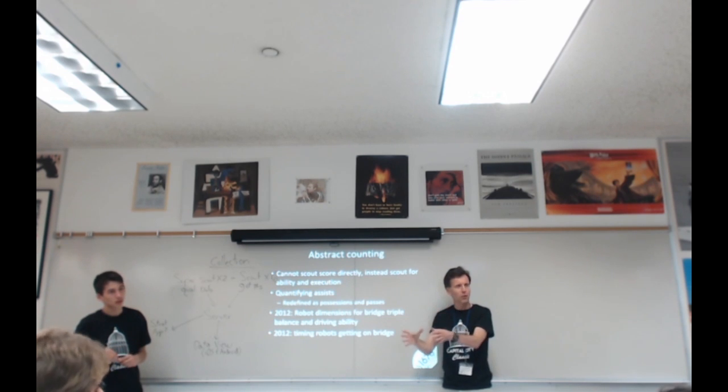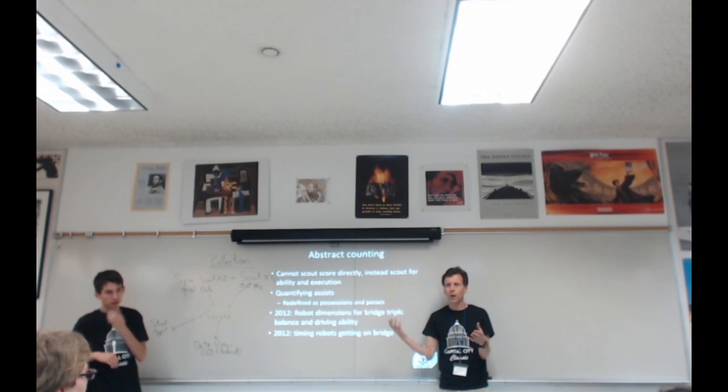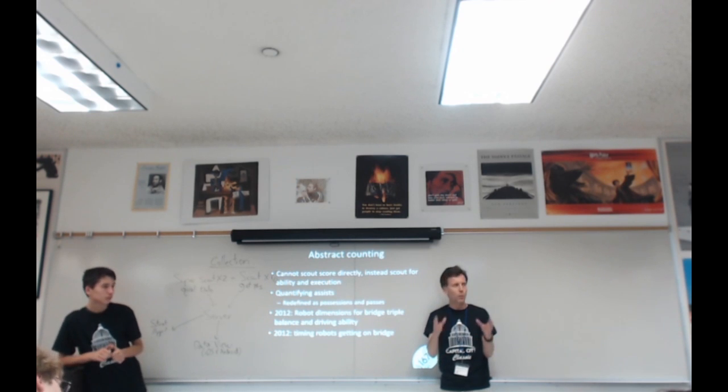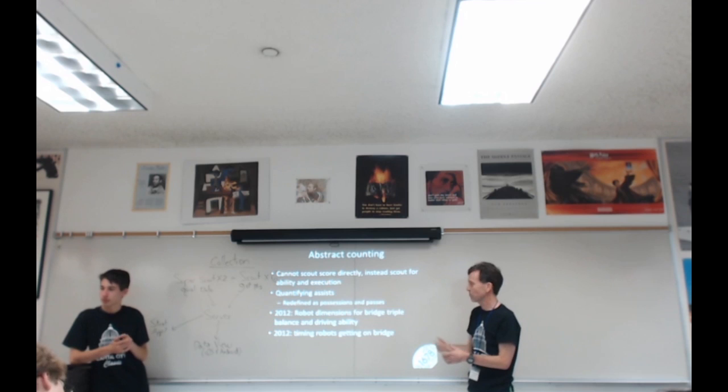So we would count possessions and we would count passing, and then after we went through the competition, we figured out how much those assists and passing were worth. It turned out they were worth about 5 points. Every time you possessed the ball and passed it, on average it was worth about 5 points. So we used that as a weight in our scoring, but we would count passing and count assists in our scouting system and then figure out what the weights were.